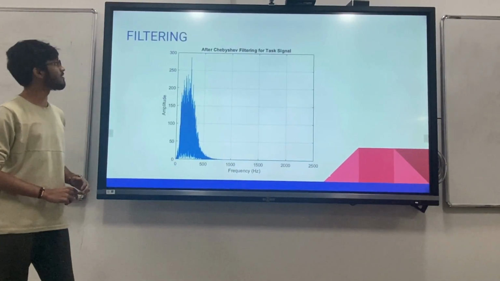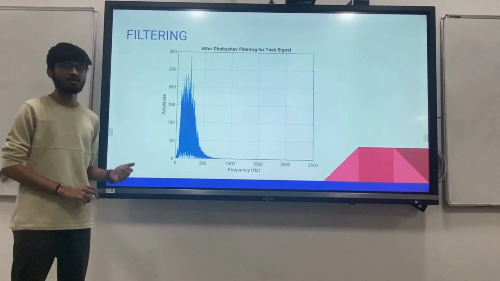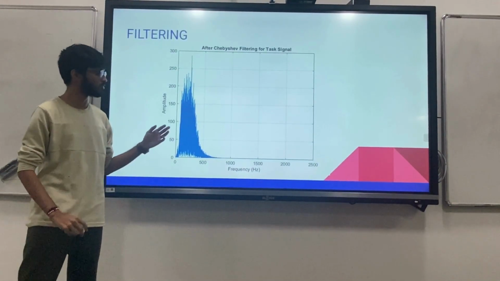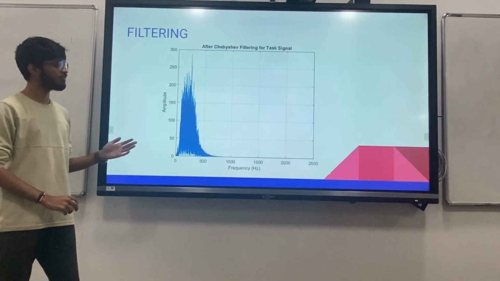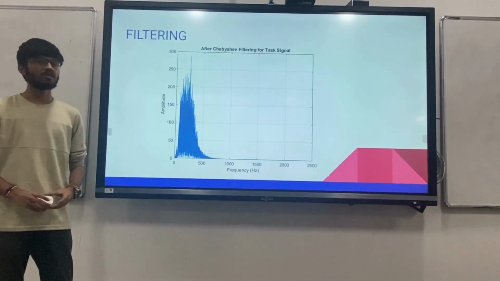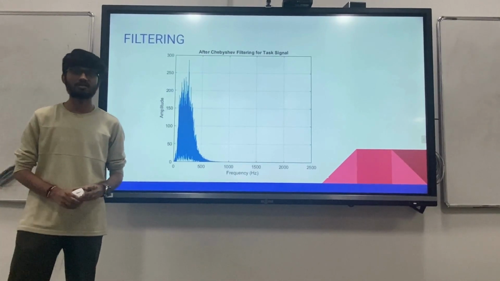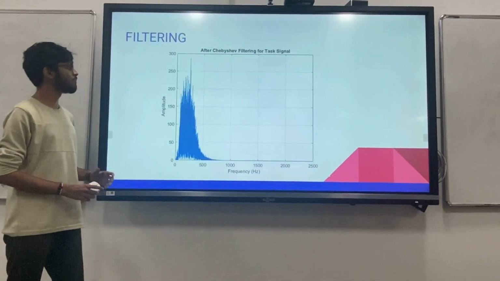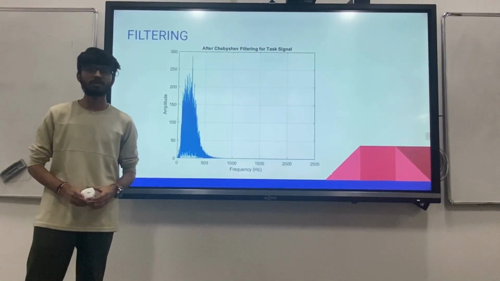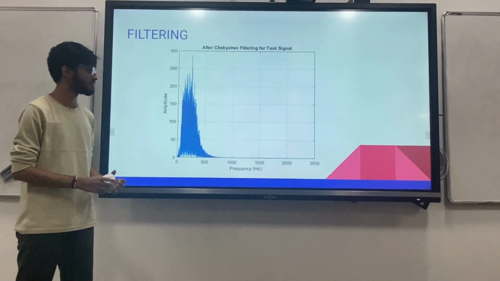The next common filters include high pass filters, which could be used to pass a band of frequencies higher than a particular cutoff. Similarly, there are two other types of filters, the band pass filter and the band stop filter, which could be used to pass a band of frequencies or to stop a band of frequencies respectively.